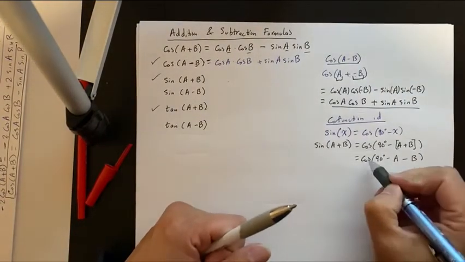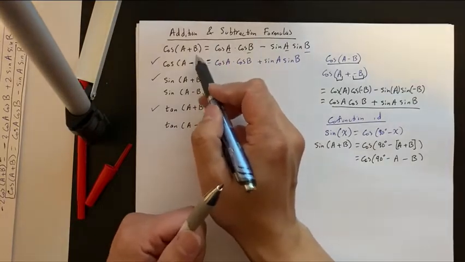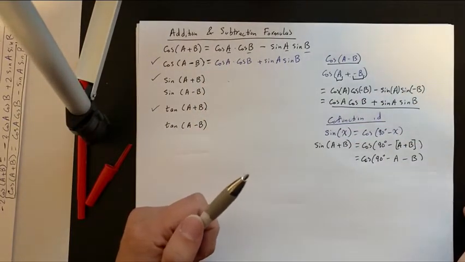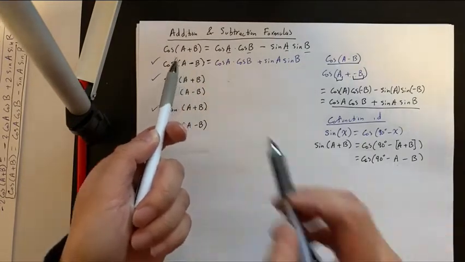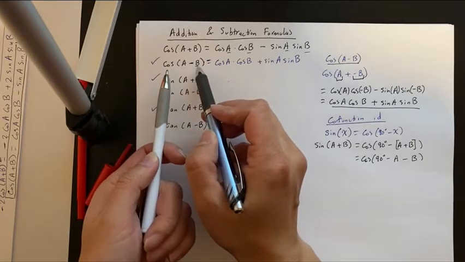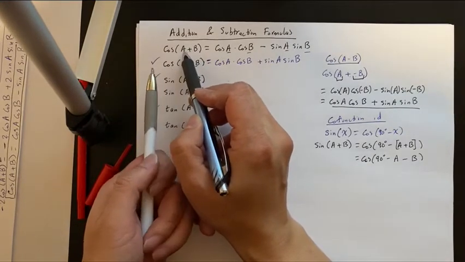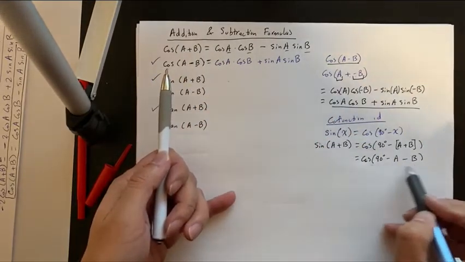Okay. So now that it's in cosine, I get to use the very first two because I've proven the first two. If I use the very first two, you have to be able to refer back to what is that A and what is that B. If I were to use the subtraction, if I use addition, I have to figure out what is my A and what is my B in here.